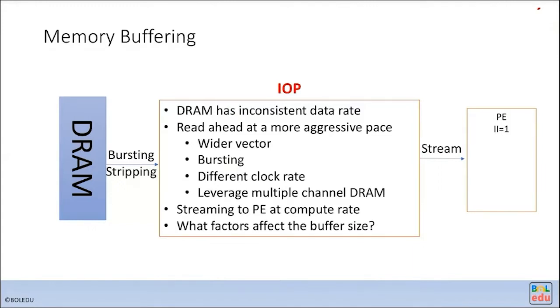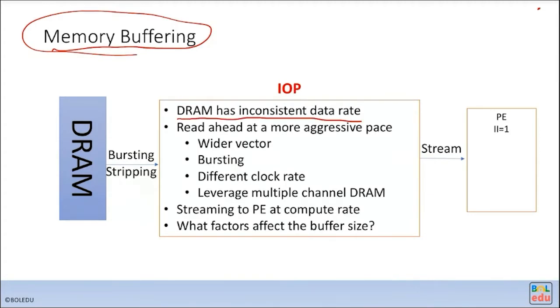So in the previous example, we were actually using some kind of memory buffering. So memory buffering is very important. One of the advantages of using memory buffering is that the DRAM has an inconsistent data rate, okay, because the DRAM is accessed by multiple threads of other processing.